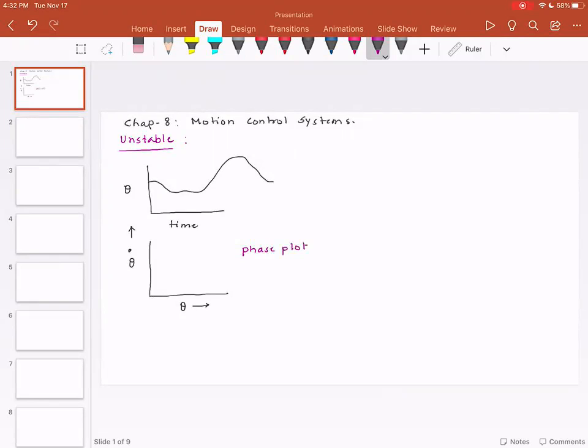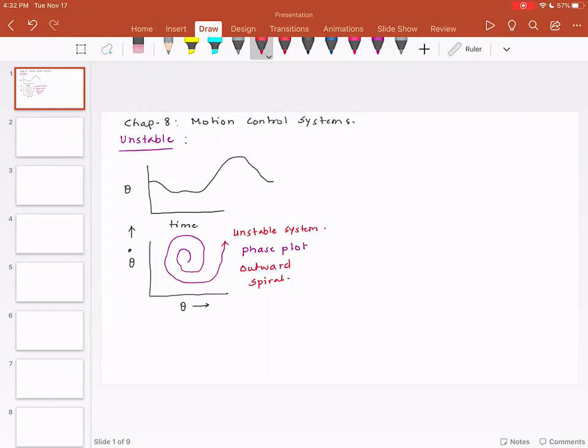If you were to plot the phase plot for the robots that we have seen so far, you will notice the phase plot is sort of an outward spiral. What that tells me is the system is unstable. So this behavior is exhibited by an unstable system.